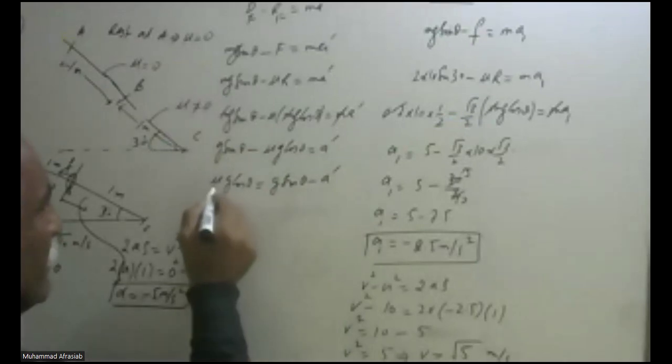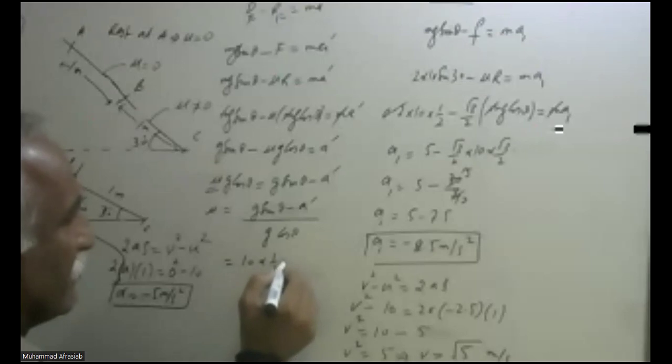Now we will put the value of mu there. So mu is equal to g sin theta minus a dash over g cos theta.